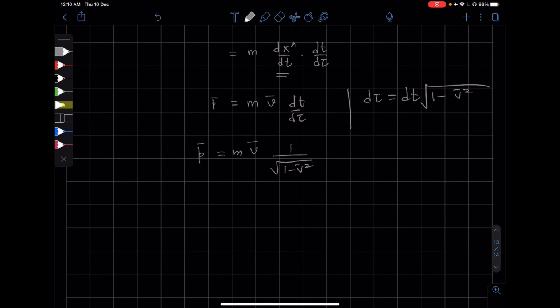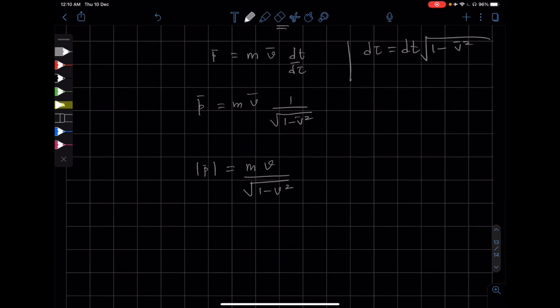And then what we can do is take the modulus of this. If I take the modulus, I get p mod, and here I get m times v, and here it's the square root of 1 minus v squared.